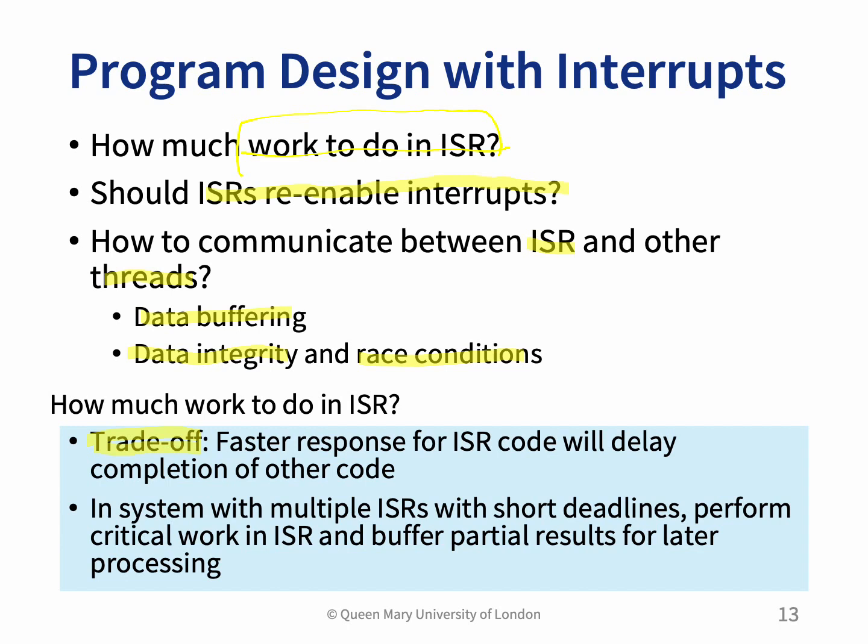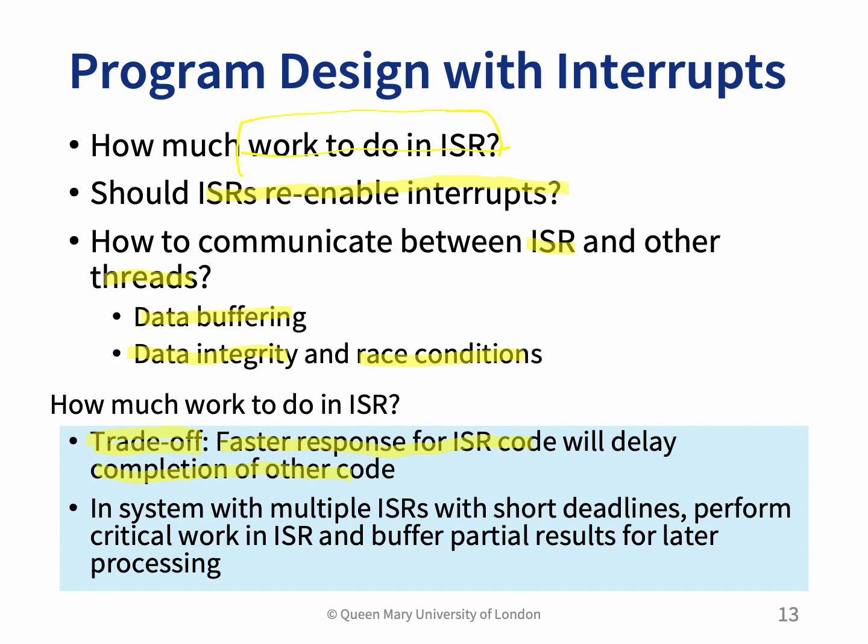If you want to improve the ISR, you may increase the overhead, but we don't know. So there's a trade-off. You can see a faster response of the ISR code will delay the completion of the other code. So it can happen like this as well.